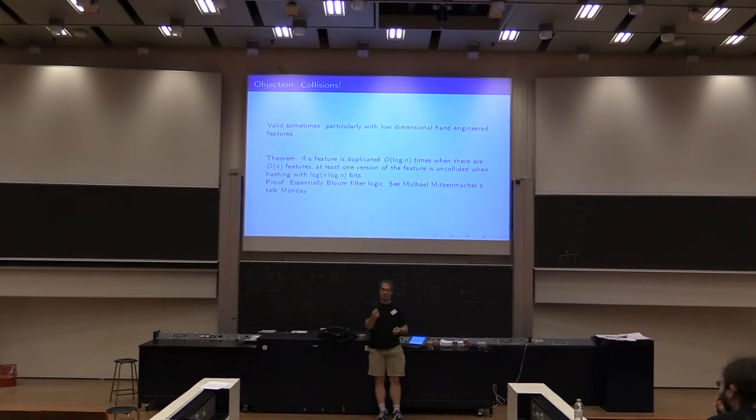And the reason for this is essentially a Bloom filter style of logic. So if you have n important words, and you duplicate them about log n times, and you map that into a hash function with n log n bits, then you can arrange things so that every important word has a non-collided entry.